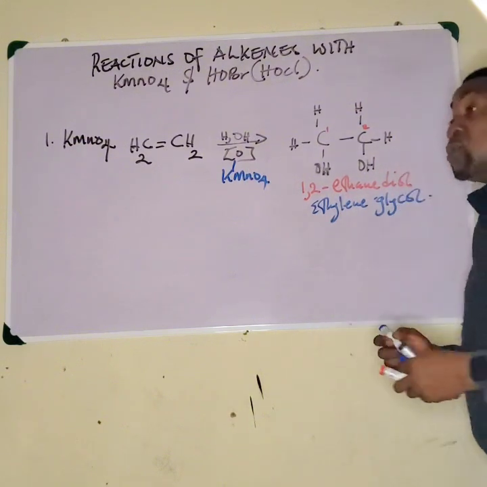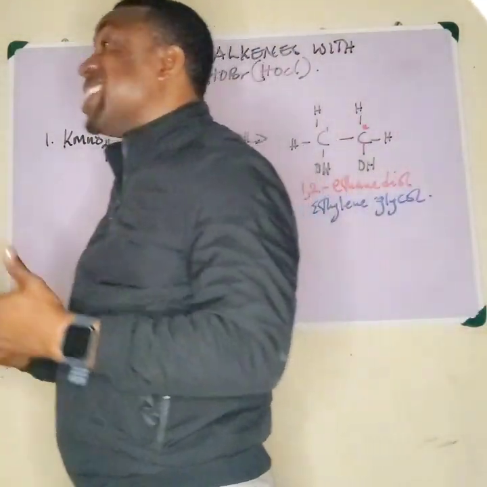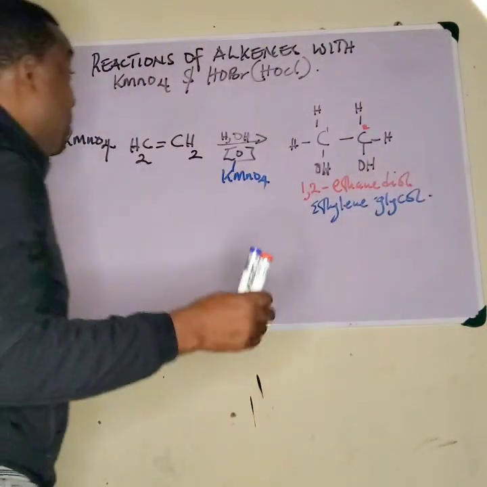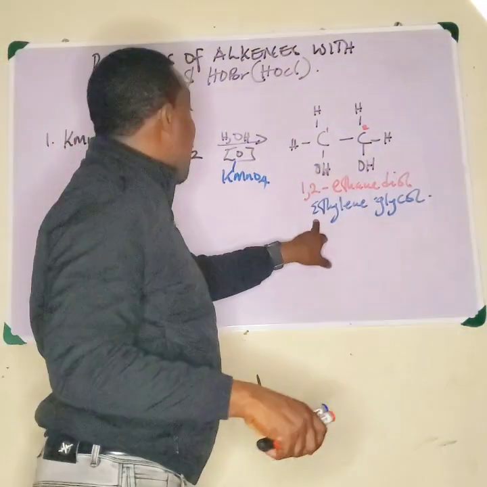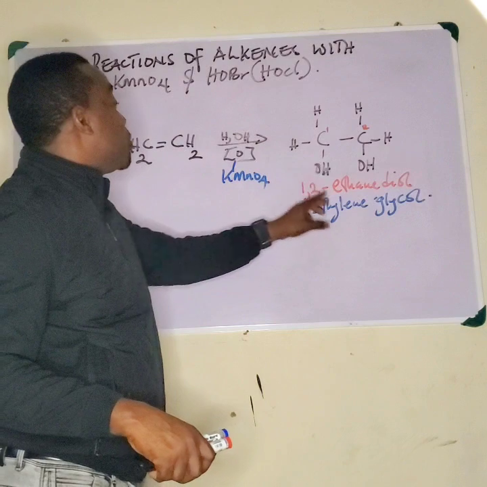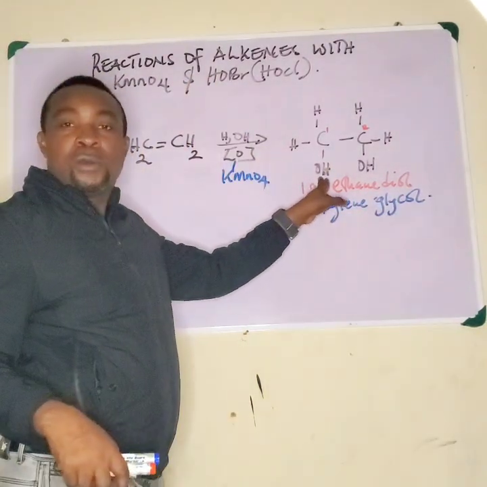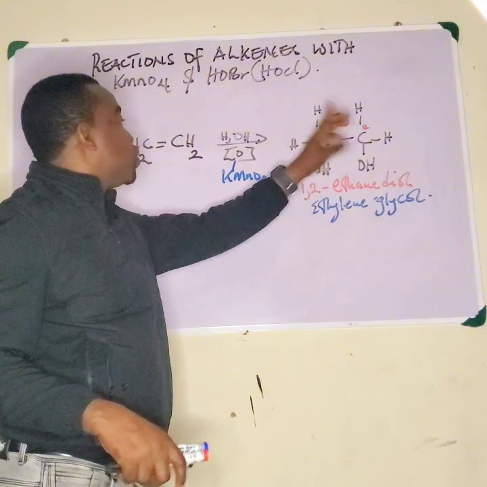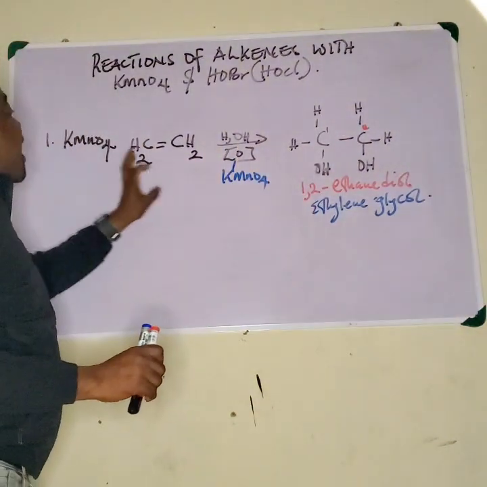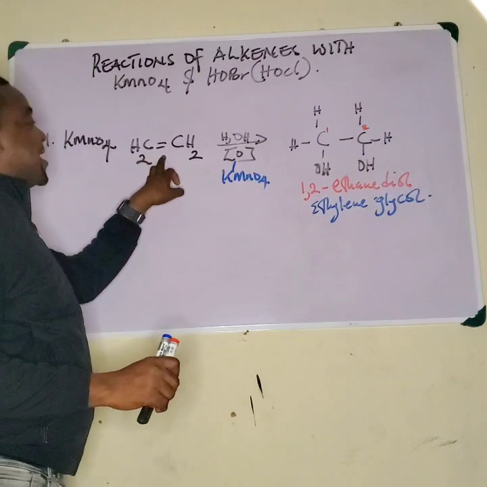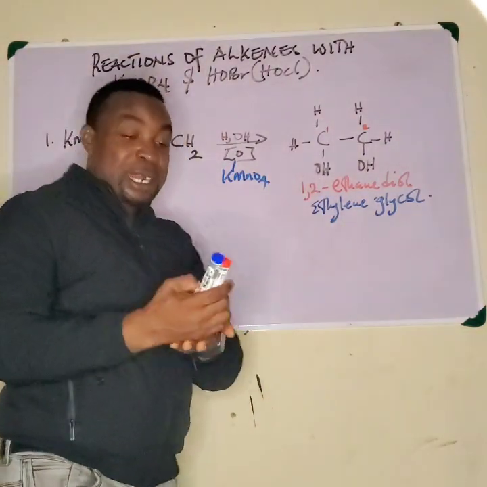I think it is used as an antifreeze agent, if I remember correctly. So ethylene glycol is the same name. Where you hear ethylene glycol, it simply means 1,2-ethanediol, double OH, di 1, 2. So this is the product of the reaction. So KMnO4 reacts with ethene to form 1,2-ethanediol, or we call it ethylene glycol.